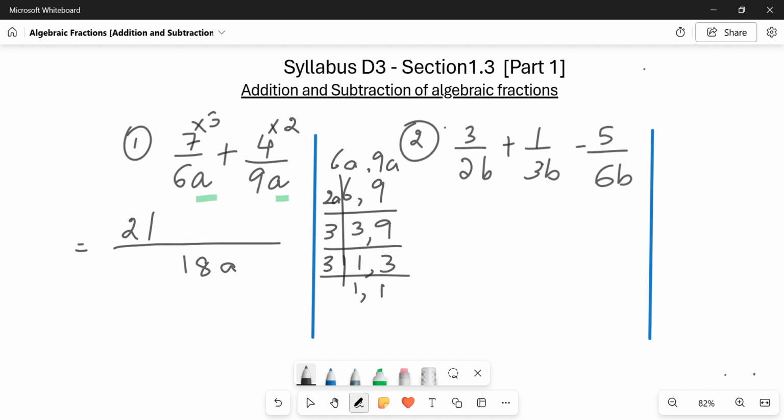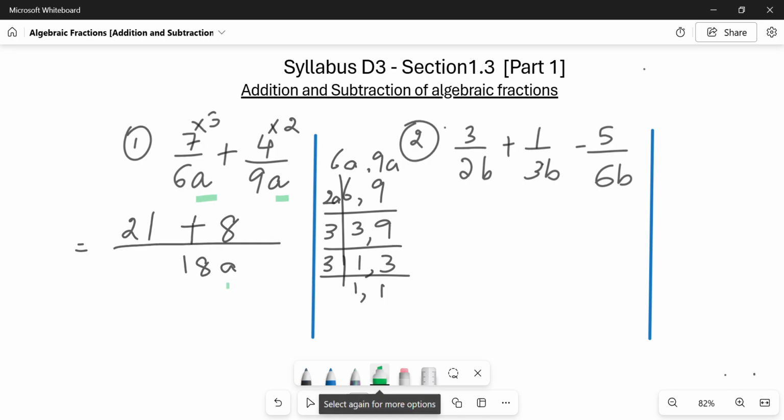And what about this A? A and A, both A will be cancelled out. Now we are left with only 21, plus sign. And then 9, what's are 18? Already I have mentioned 2 here in the numerator. So 4 times 2 gives you 8, right? And what about this A?